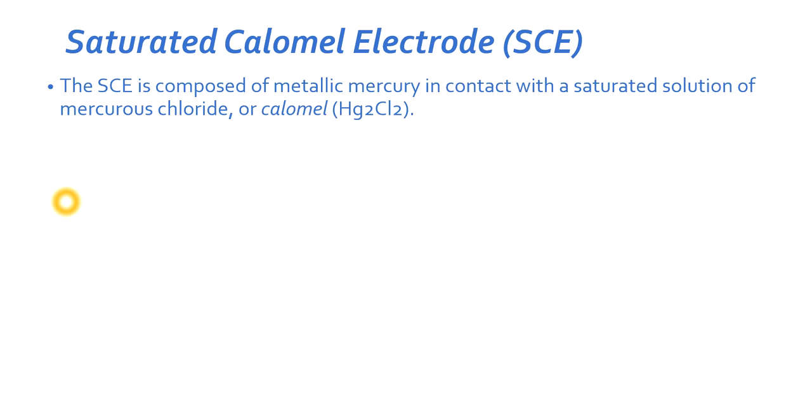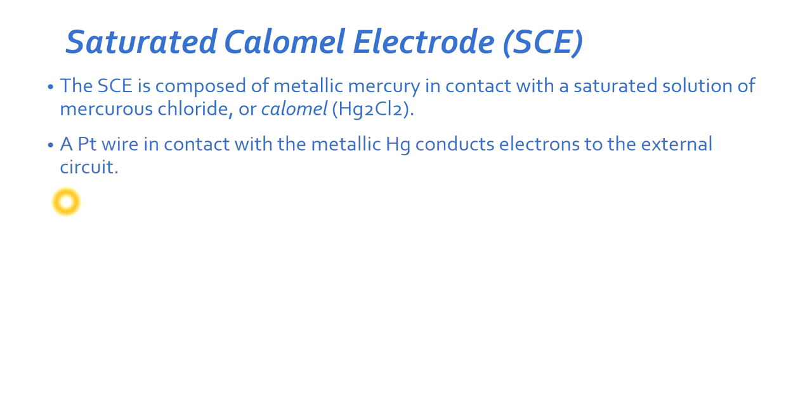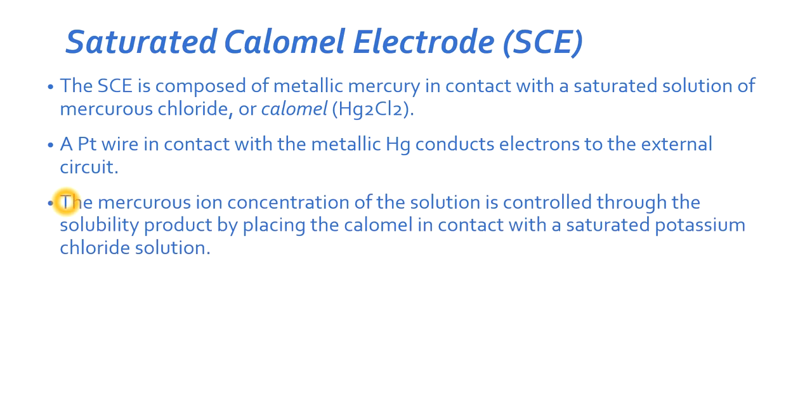A typical saturated calomel electrode consists of metallic mercury with a saturated solution of mercurous chloride, also called calomel, connected to the external circuit with platinum wire so that it can conduct electrons.